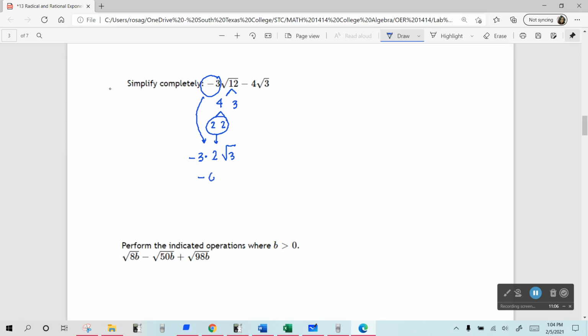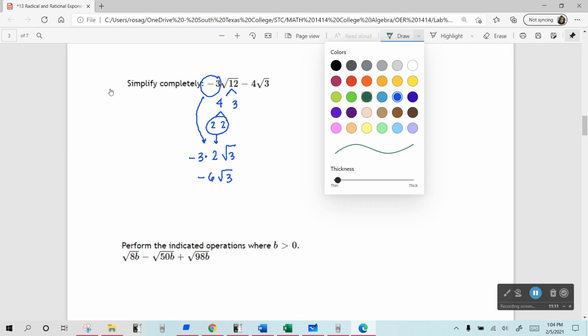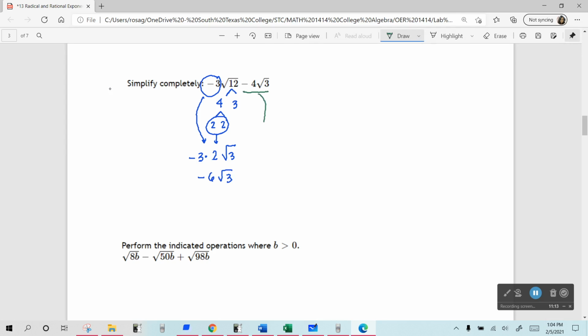So this is going to be negative 6 square root of 3. We cannot simplify this one, the square root of 3, so this one just comes directly down. And then we do the operation, so it would be negative 10 square root of 3.